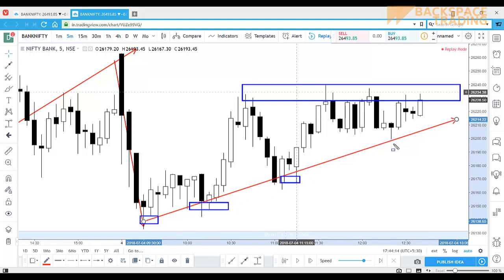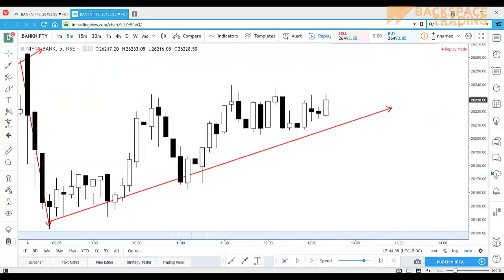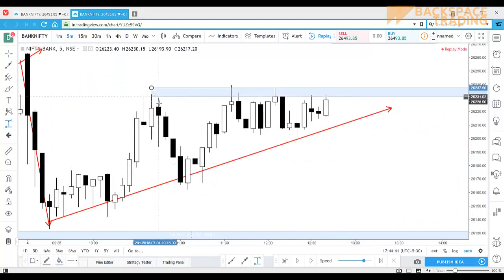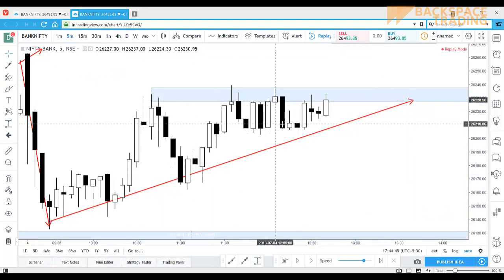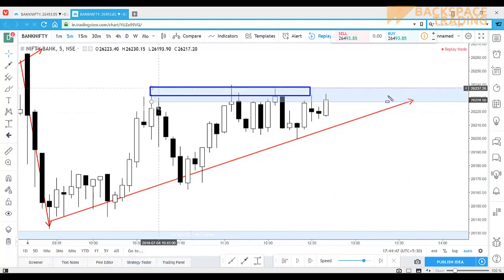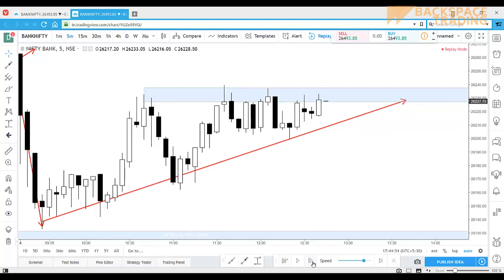Lows are making higher lows, highs are getting stammered at the same level. Say this is more like a dam. If price is going to break out from this, price is getting squeezed between this particular zone and this red line. Let's see what happened.